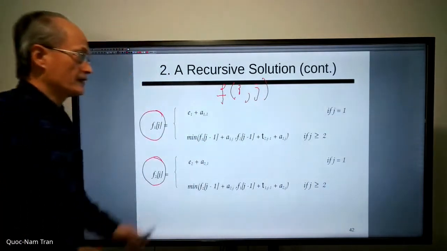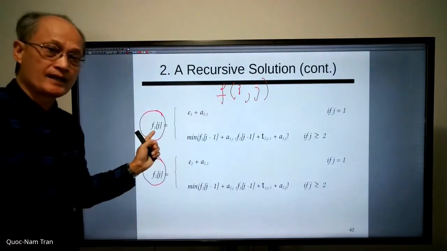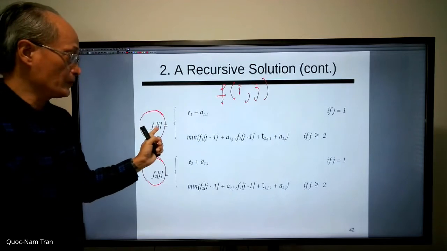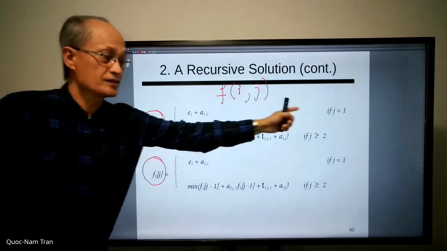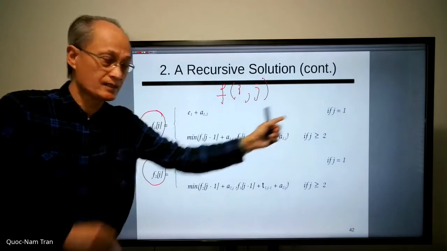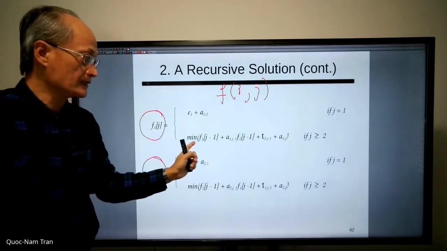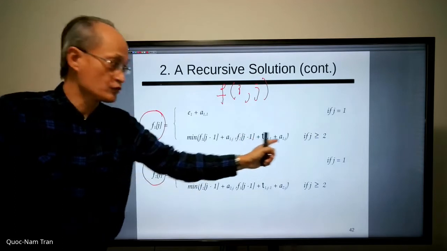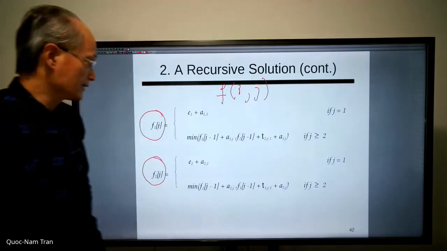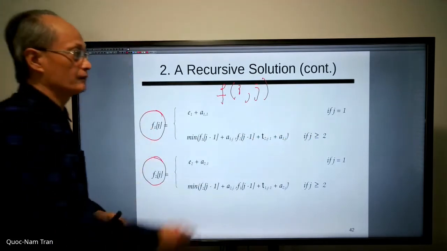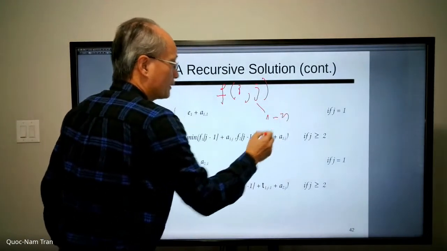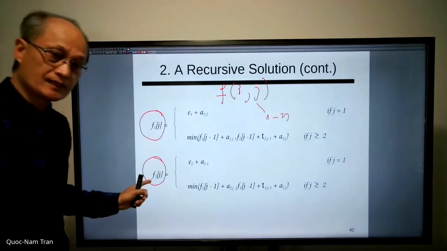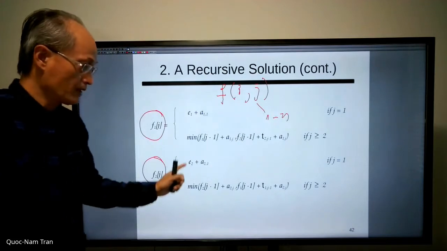If i equals 1, then Fij will be E1 plus A11 if j is 1, the base case. Otherwise, take the mean, right? If j is greater than 2, and j here will go from 1 to n. Same thing if i is 2, we have this.